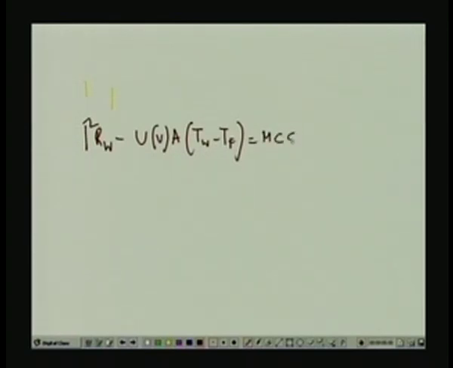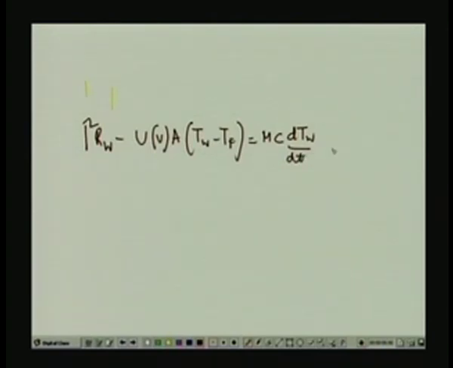You see, previously, if I change the color of the pen, our equation looks like this: I square RW, which is a time varying quantity, minus U V A into TW minus TF equal to M C dTW by dt.